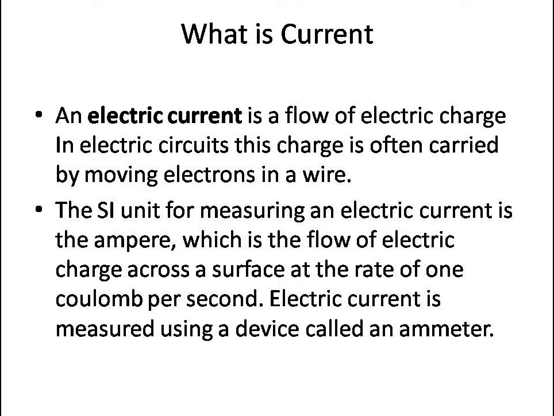The SI unit of measuring an electric current is the ampere, which is the flow of electric charge across a surface at the rate of 1 coulomb per second. So if from a certain area 1 coulomb of charge is moving within 1 second, that means 1 ampere of current is passing through that area.